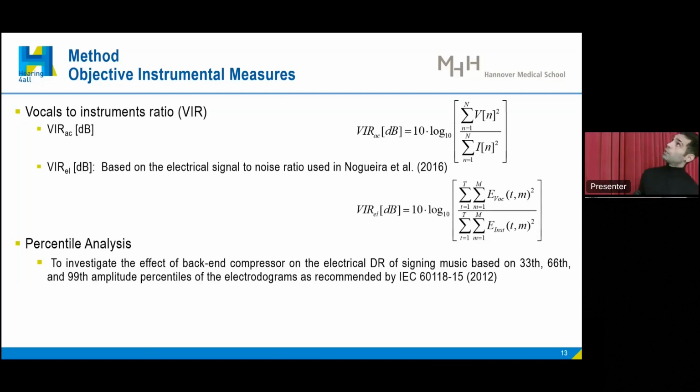As we see here, it is defined as the energy of the vocals of the electrodograms, which again is the pattern of the electrical pulses, divided by the energy of the electrodograms of the instrument. That's also again in logarithmic scale. And to characterize the dynamic range, we use a commonly used analysis called percentile analysis.